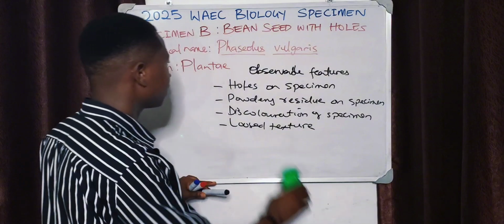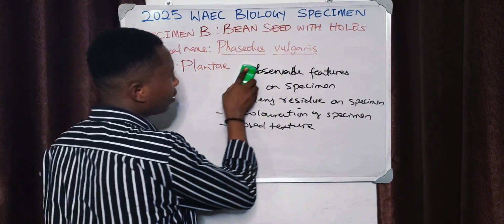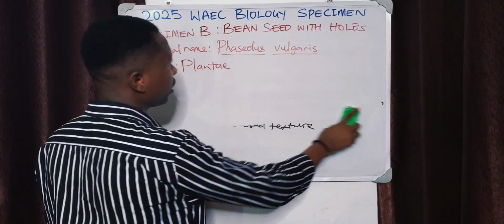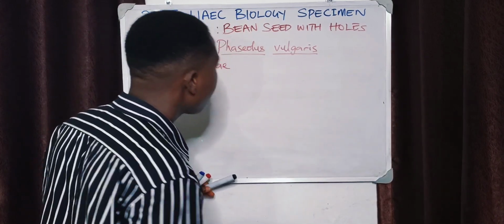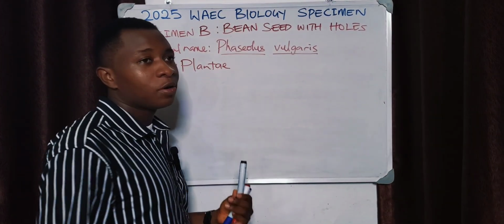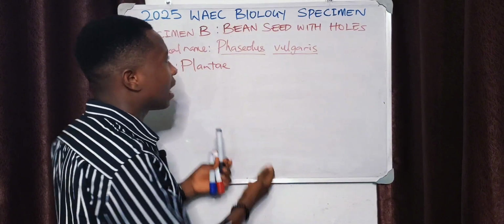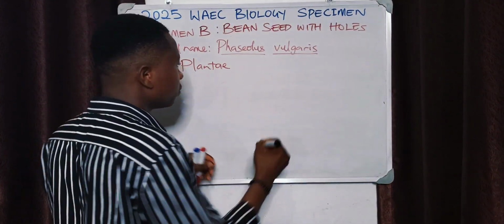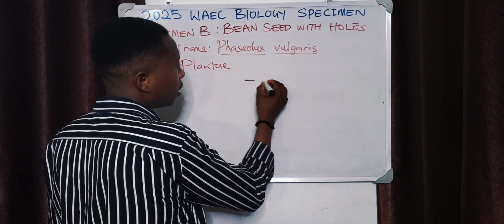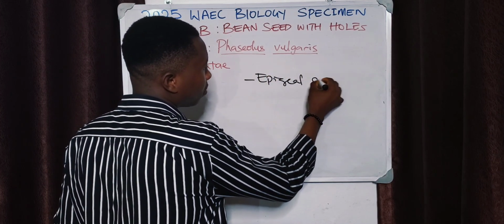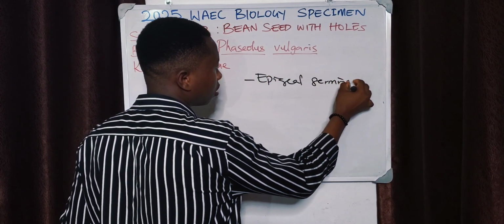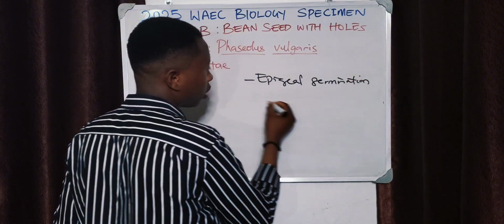Now, another question that can come out from this specimen is they can ask you what kind of germination is exhibited by specimen B. Specimen B exhibits epigeal germination.